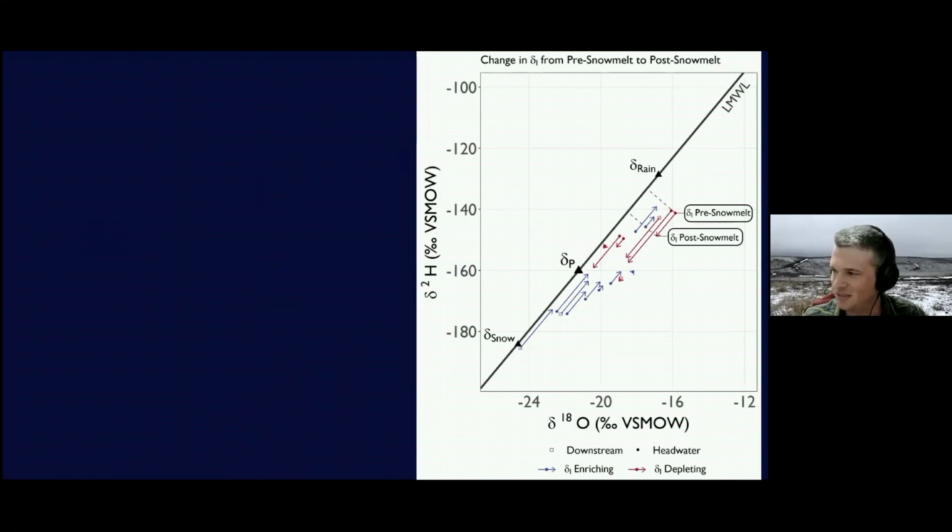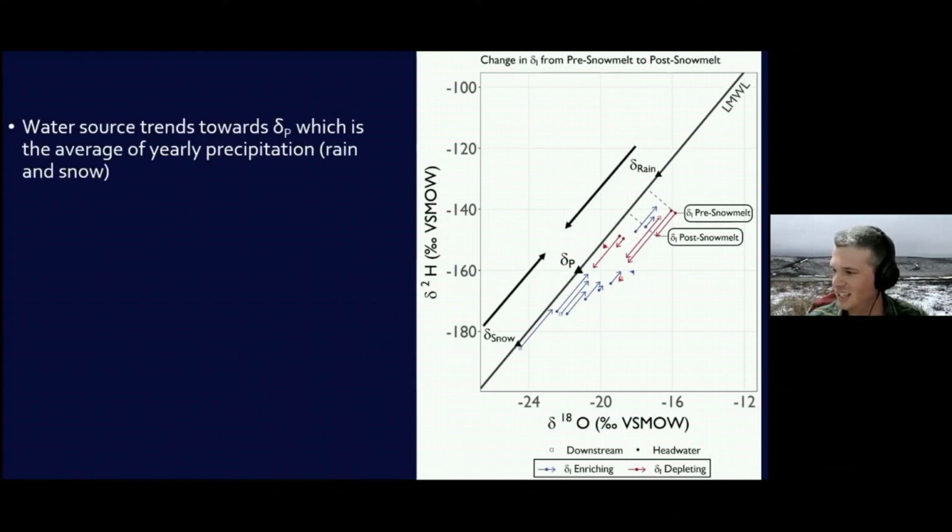Those are offset perpendicular from the local meteoric water line for every lake. You can see the blue lines are going towards rainfall and the red lines are going towards snowfall. For almost every lake except a couple, you see a convergence towards delta P, which is a mixture of snowfall and rainfall.